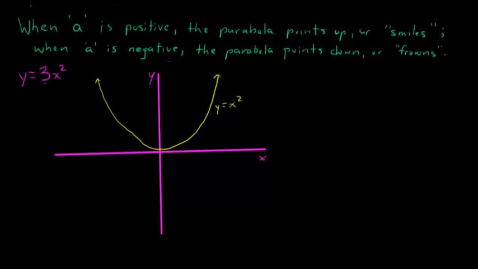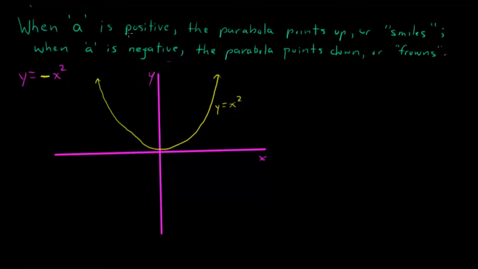What I should actually be asking here is negative 3x squared. And to simplify matters, let's even just say negative x squared. So what does having that negative there do to our y equals x squared?